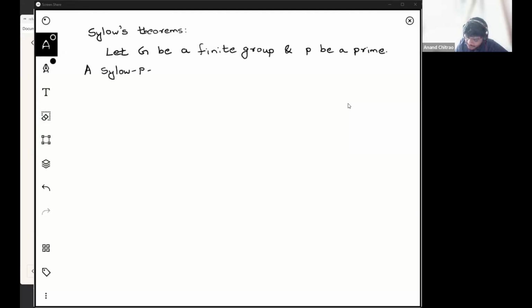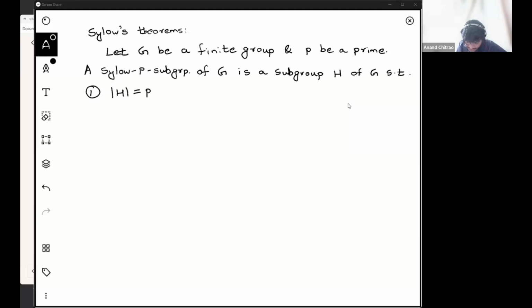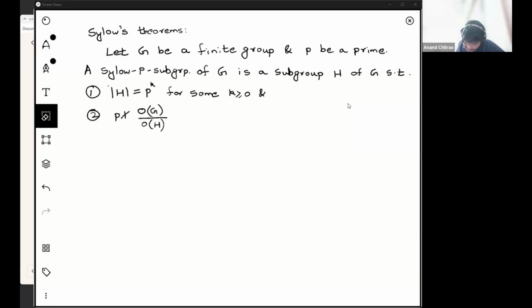A Sylow P subgroup of G is a subgroup H of G such that, the first condition is the cardinality of H is a power of P. And the second condition is that it's the highest power of P dividing the order of G. So you can say that P doesn't divide the order of G by the order of H. And just to be consistent, just write this as order of H.